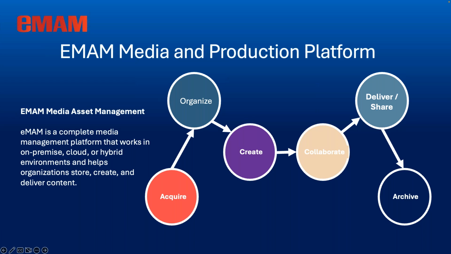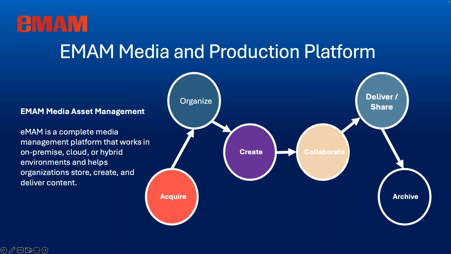You can take these to different edit systems and create projects, rough cuts, and publish a file out after collaboration. When you're ready to share the content out, you are distributing it or sending it out for reviews, previews, etc. And then finally archiving. eMAM can support multiple models, which can be on-premise, cloud, or hybrid, and cater to a wide variety of workflows.